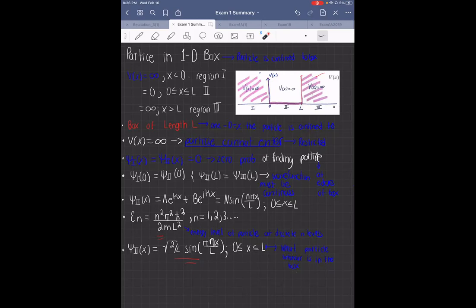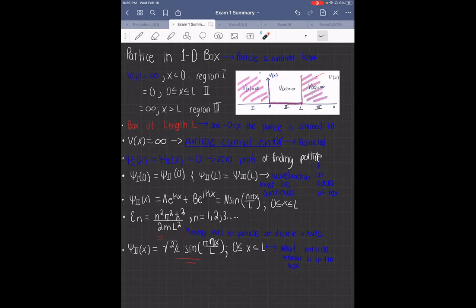So from here, the box is length L. What I basically just said is that region 1 and region 2 are basically the same, and they're equal to 0. And here's the energy equation. Let me put the energy equation here.